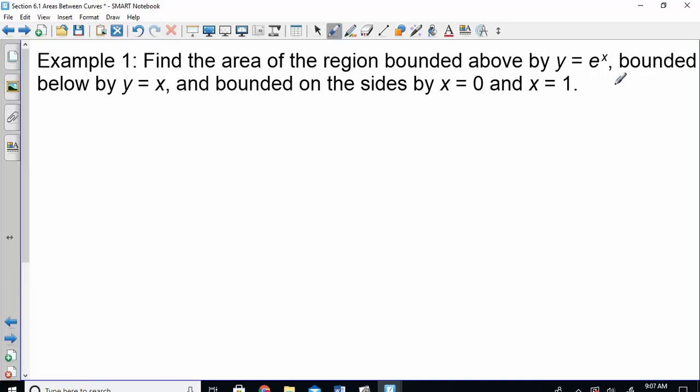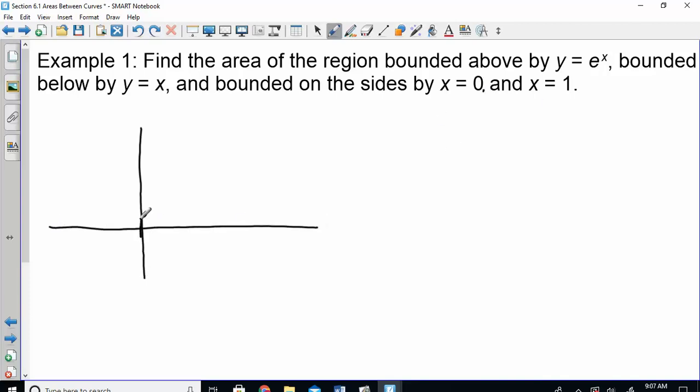I want the area of the region bounded above by y equals e to the x, bounded below by y equals x, and bounded on the sides by x equals 0 and x equals 1. A picture is helpful on these, but you don't have to have a super elaborate picture.